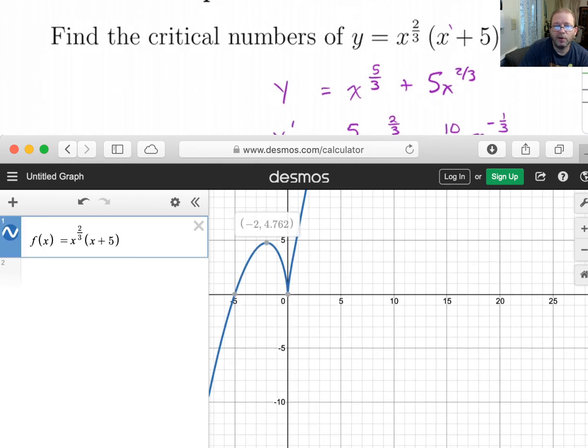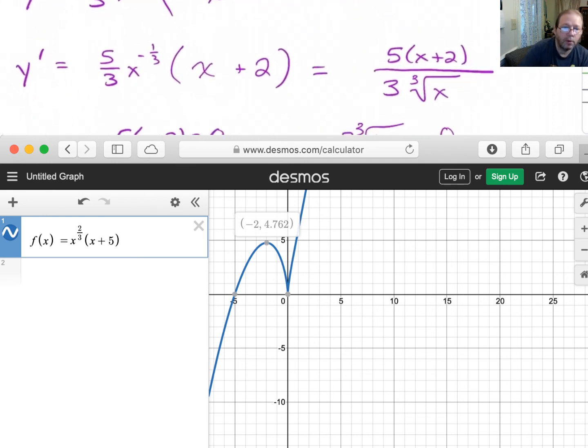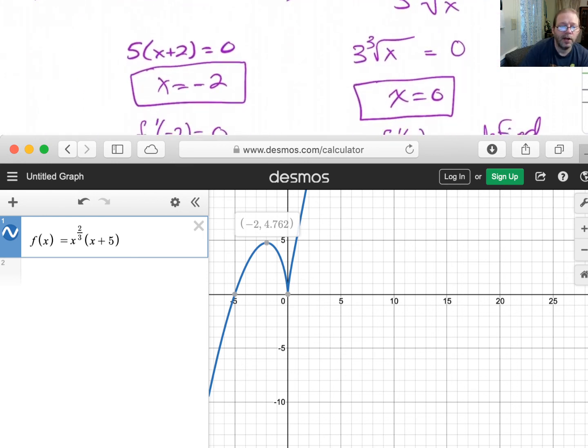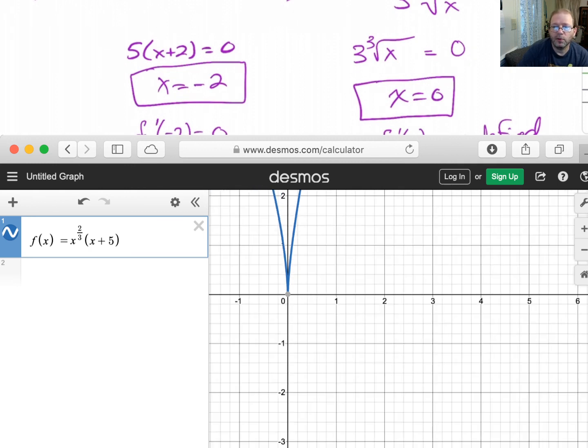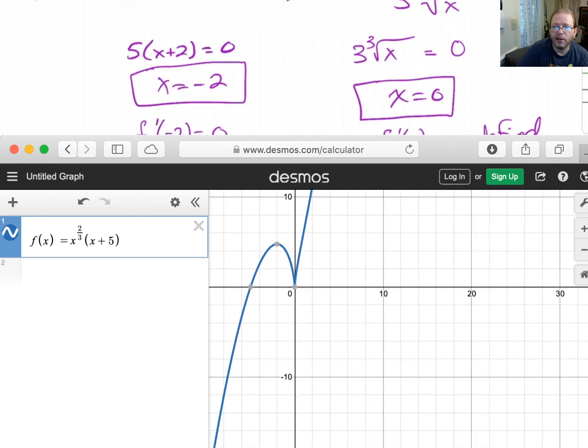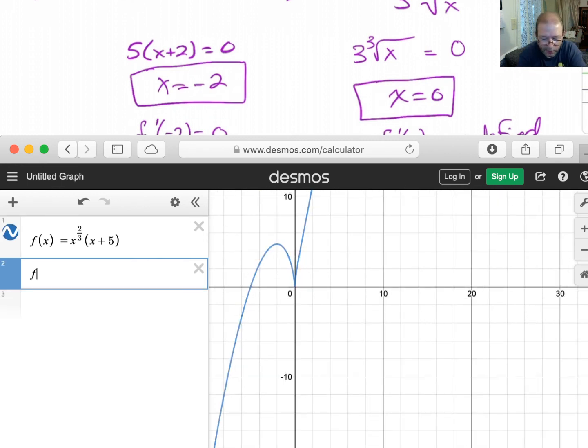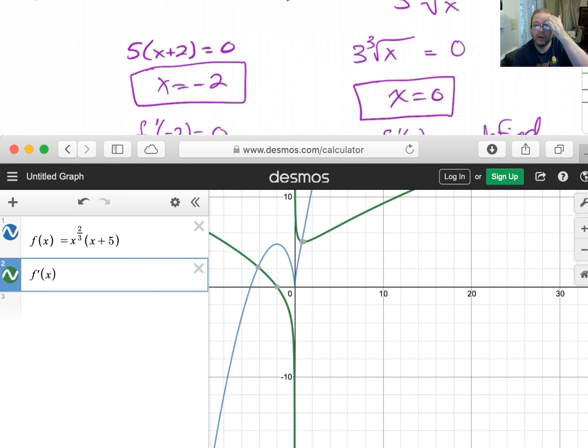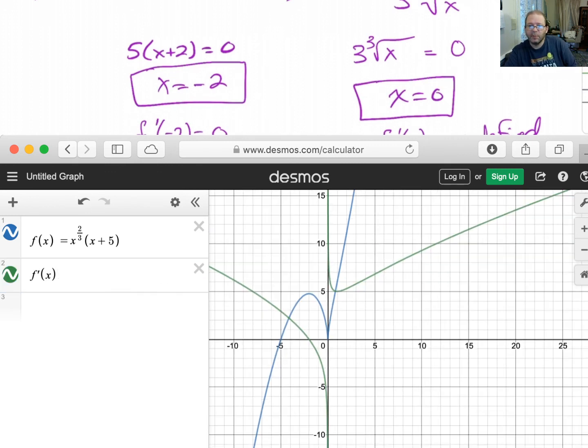Up top, right here, at x equals -2, the derivative is 0 because we have that rounded hilltop. And over here at x equals 0, we've got this sharp corner here. So that's why the derivative is undefined there. And if we got this to graph the derivative for us, the derivative looks like that. But anyway, those are the two critical numbers for this function.